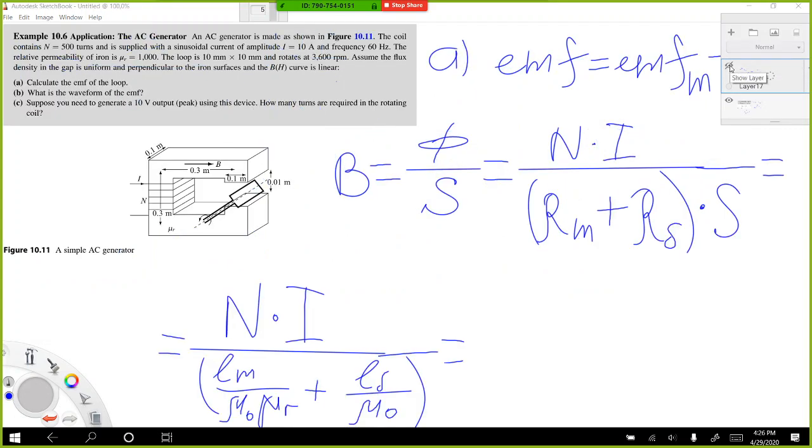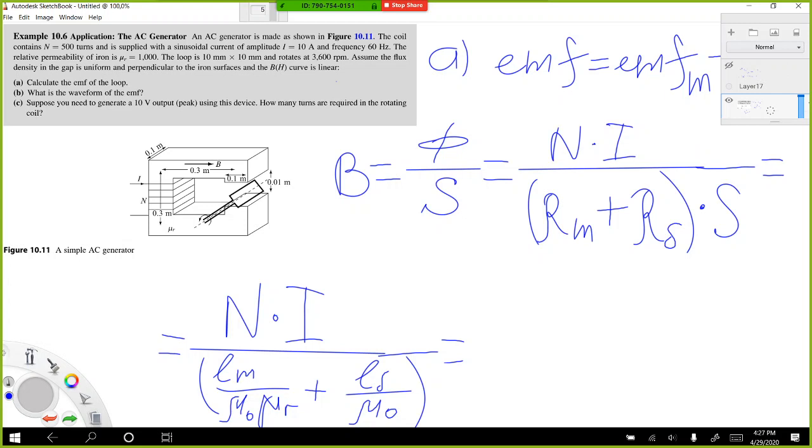Let's look here: 0.3 plus 0.3 plus 0.3 plus 0.1 plus 0.1, which is equal to 0.9 plus 0.1, and the air gap is 0.01.